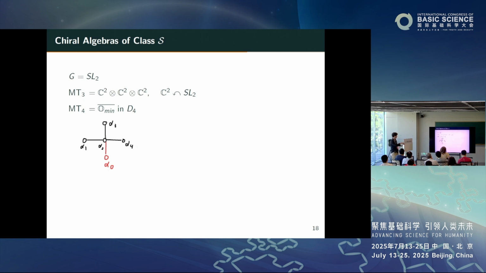The non-triviality of this variety is that, first of all, it's a singular variety, and also you somehow end up with D4 even though you are considering A1. This associativity condition means that the minimal nilpotent orbit closure in D4 is obtained from this symplectic vector space by symplectic reduction, which is quite non-trivial, at least for me, but it is a well-known isomorphism, the ADHM construction of the minimal nilpotent orbit closure in D4.